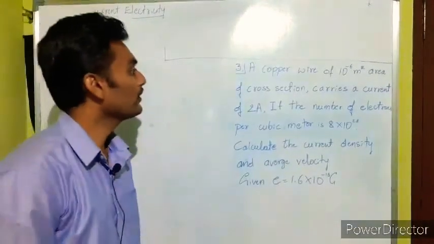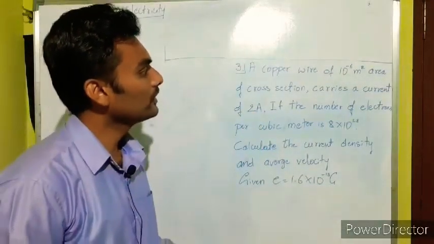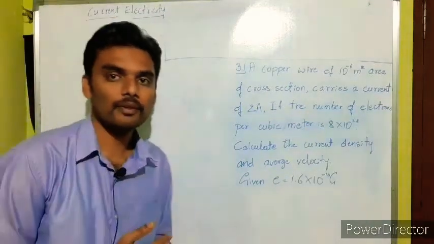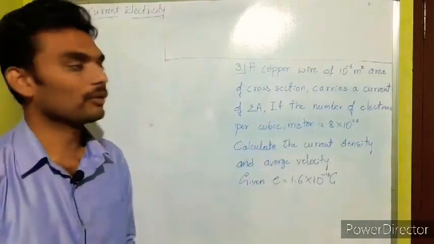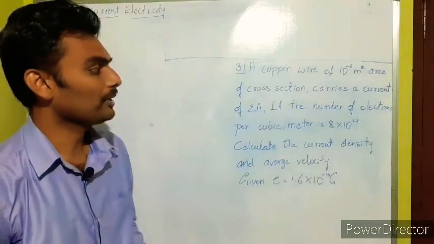Okay, the third question is as follows. A copper wire of 10 to the power of minus 6 meters squared area of cross section, okay, area of cross section of the copper wire is given, carries a current of 2 ampere.